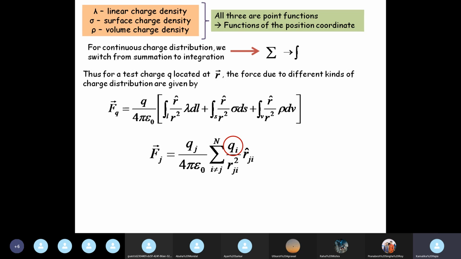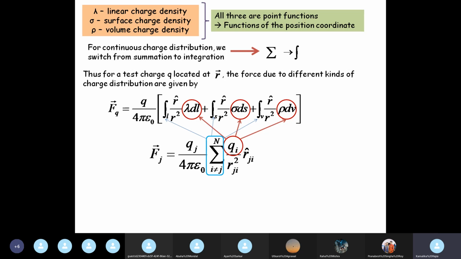The Qi's were the different discrete charges which were exerting their forces on the test charge Qj. What we have done is replace the Qi's by the distributions: lambda dl for linear distributions, sigma ds for surface distributions, and rho dv for volume distributions. And we have replaced the summation by these integrations. So the discrete charges are replaced by the respective distributions.